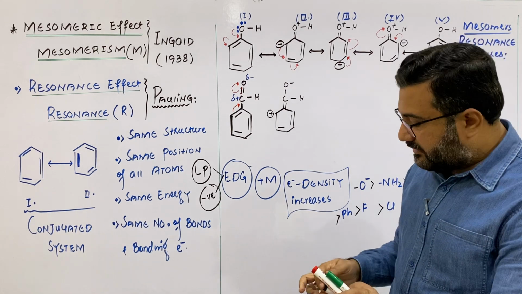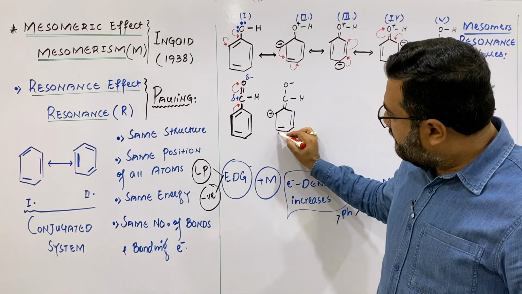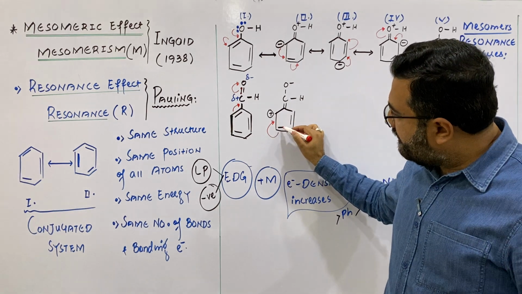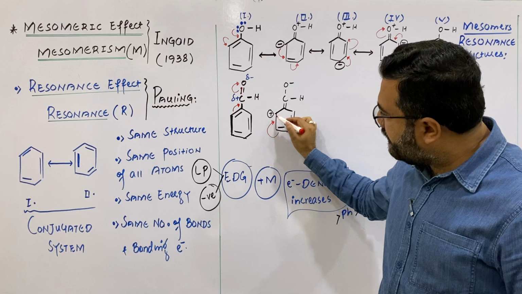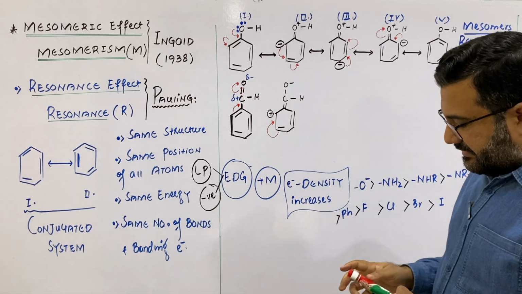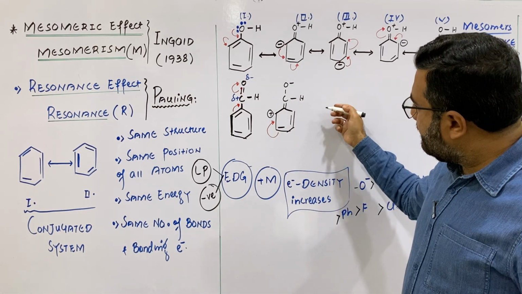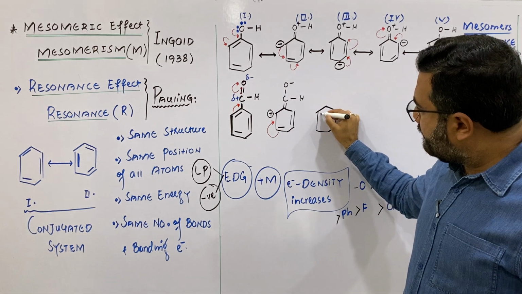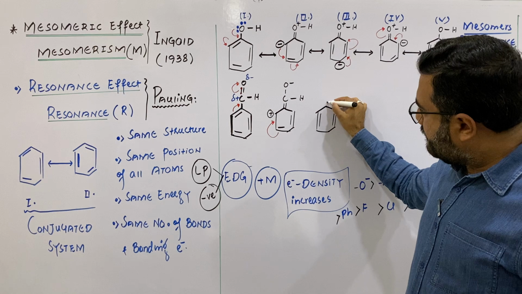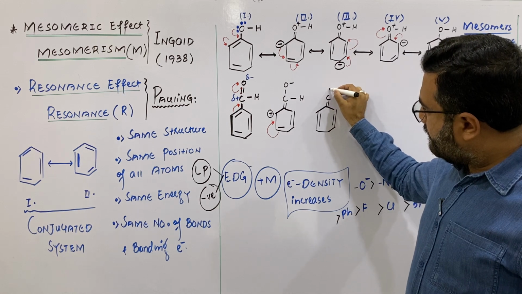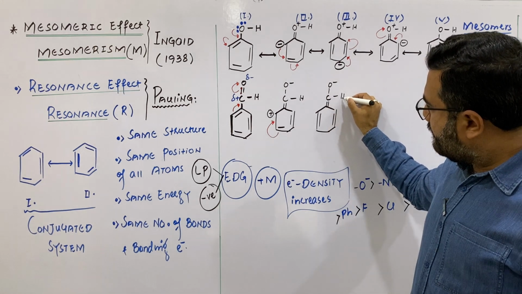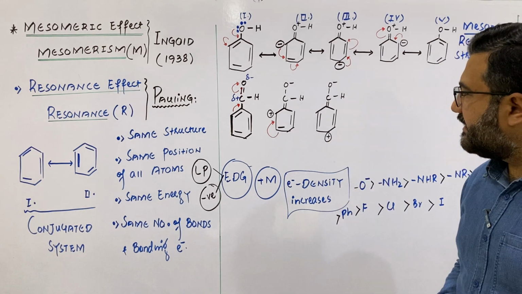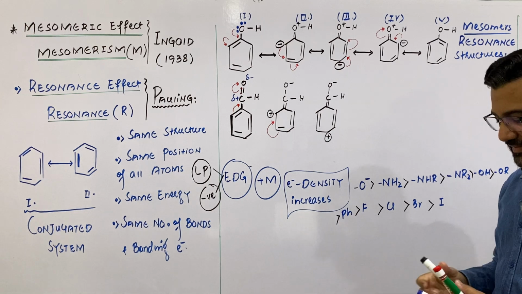Now in order to overcome its positive charge, it will take the pi bond from this carbon, and this pi bond will be shifted to this position, and then the structure will become this, and now this carbon will get positive charge as its valency is not satisfied.